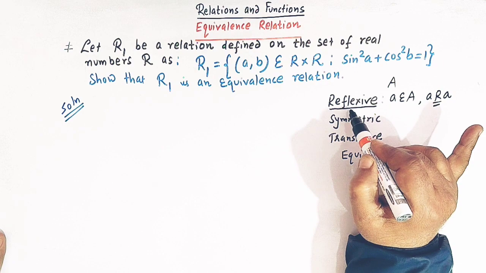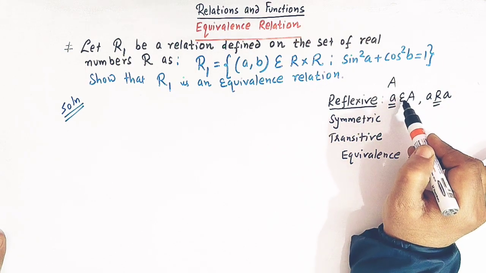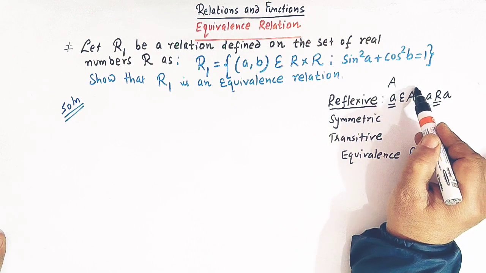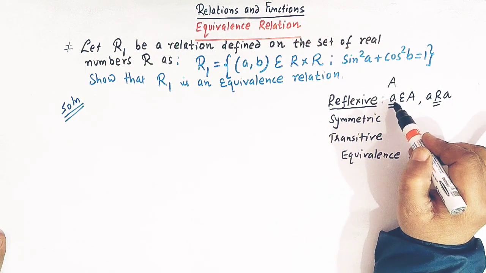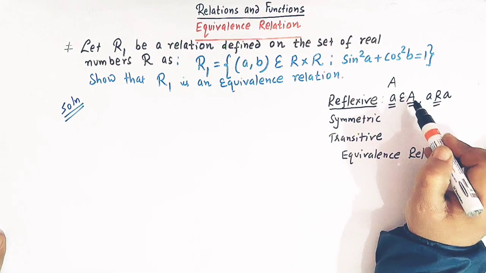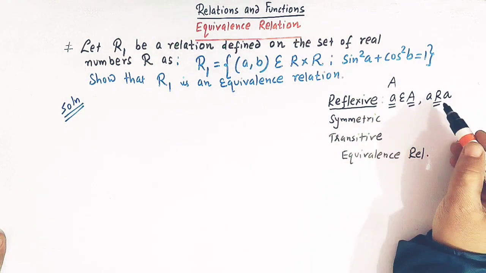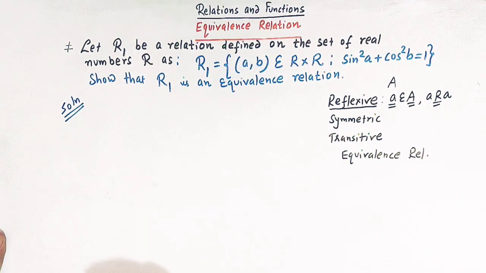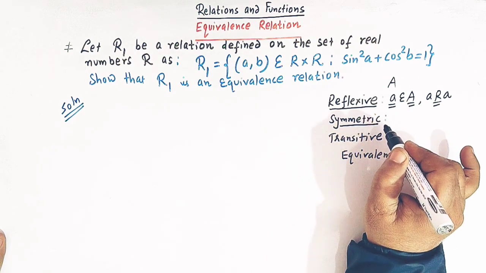So reflexive means if we have an element a which belongs to this set capital A, and if each member of this set A is related to itself, then the relation R is said to be reflexive, right?